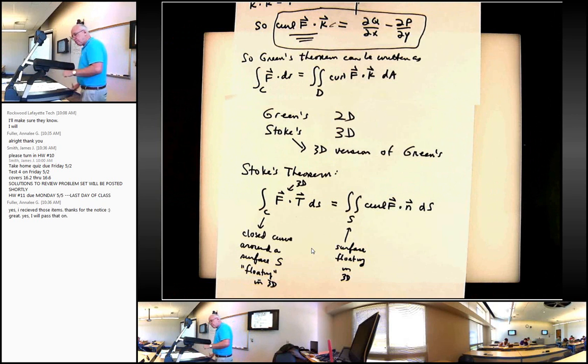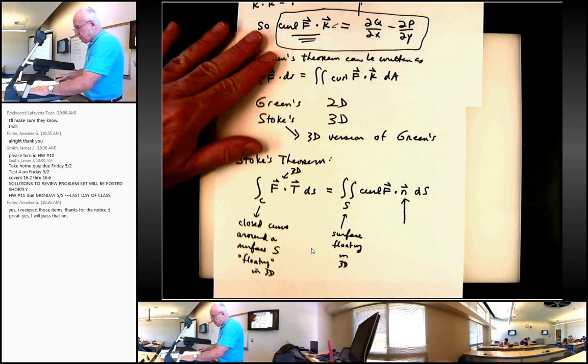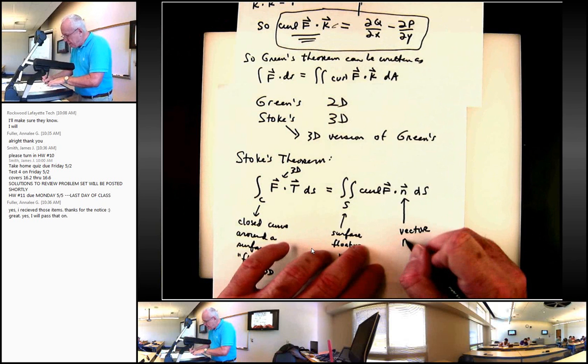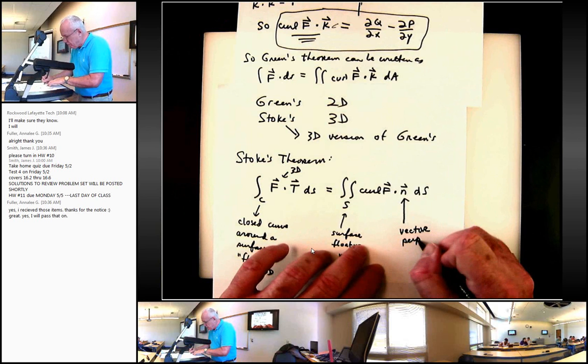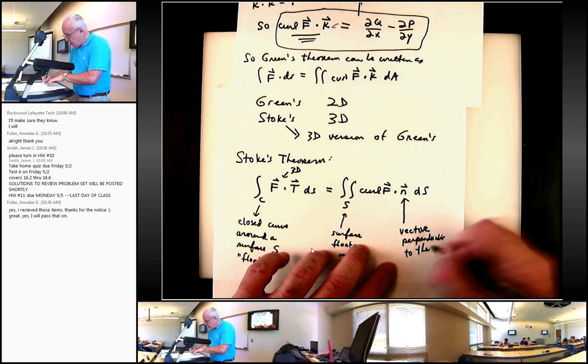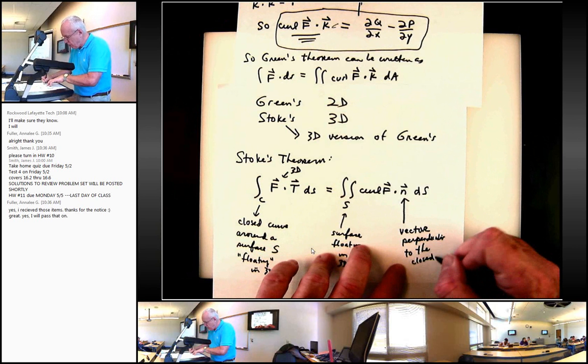Right. This here is a vector that's perpendicular to the closed curve. Is it perpendicular? No.